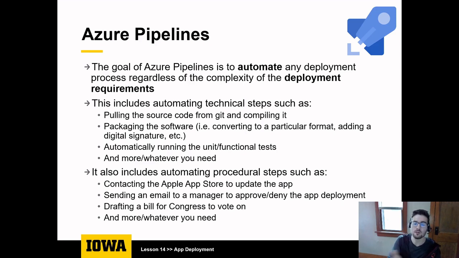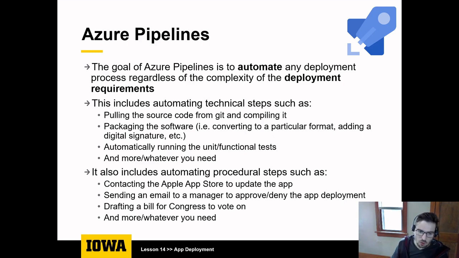If you need a manager approval to deploy your software, that might look like the pipeline sends an email to a manager to approve or deny the deployment of the application. And then on the extreme end, it might be the Azure pipeline drafting a bill for Congress to vote on whether the software can be deployed or not, right?